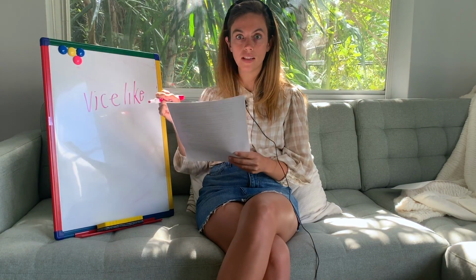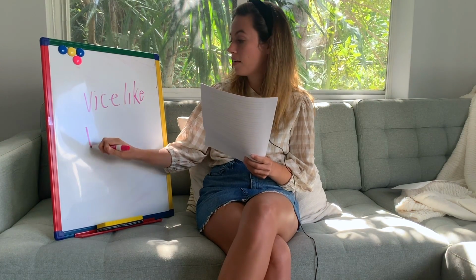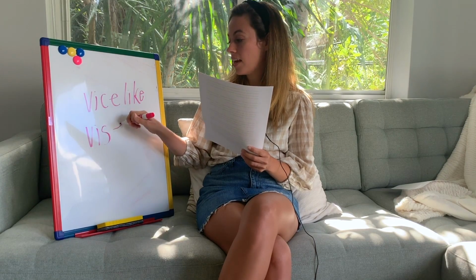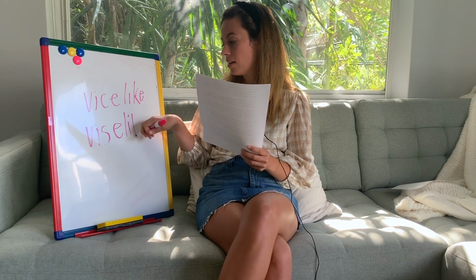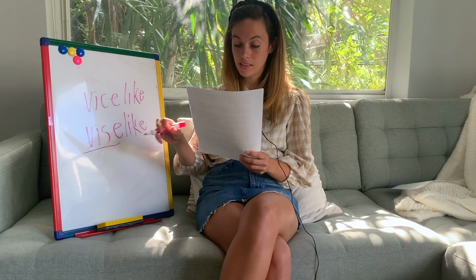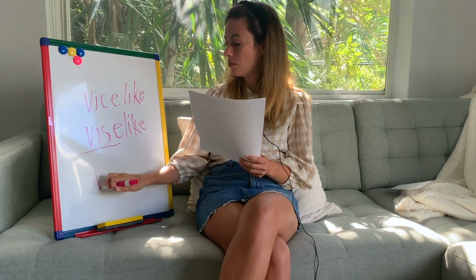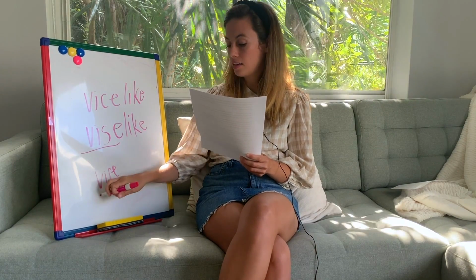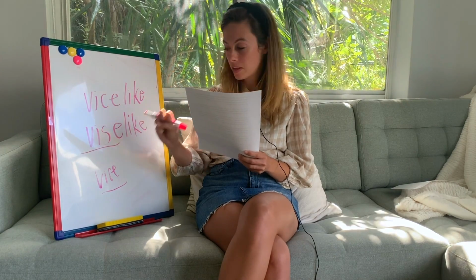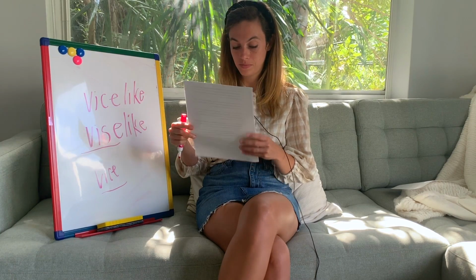So if someone clutches something tightly, their grip is actually vise with an S, vise-like. And so the word vise is a clamp, and vice is a bad habit. So when you are clutching something, you're going to want to use vise with an S.